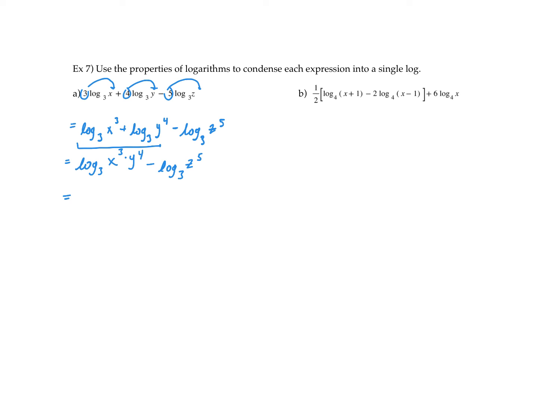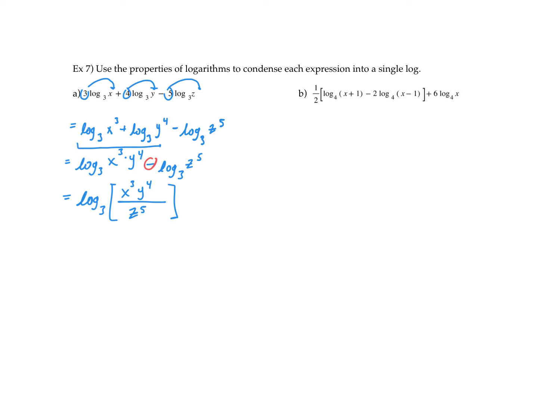And now we have that subtraction, and subtraction gets rewritten using division. So it's going to be log base 3, and then I want to make a fraction, and we're going to put x to the 3rd, y to the 4th in the numerator, and put z to the 5th in the denominator, and that's it, other than putting it all in brackets. So we know we're taking the logarithm of all of that.